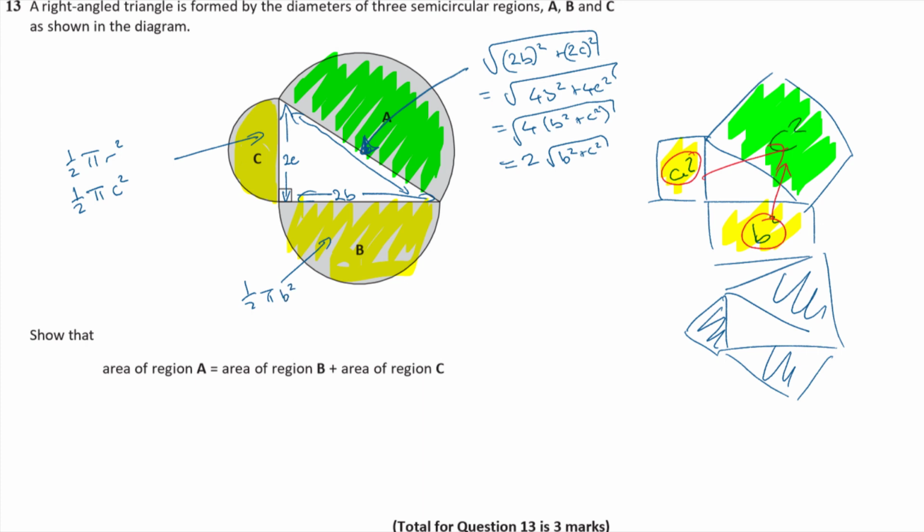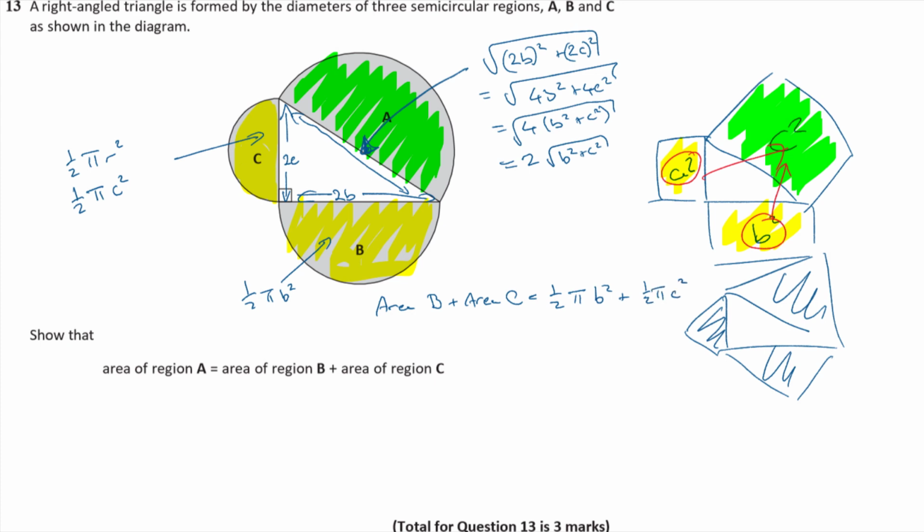Okay, and so then the combination of those two, so area b plus area c, that is going to be a half pi b squared plus a half pi c squared.